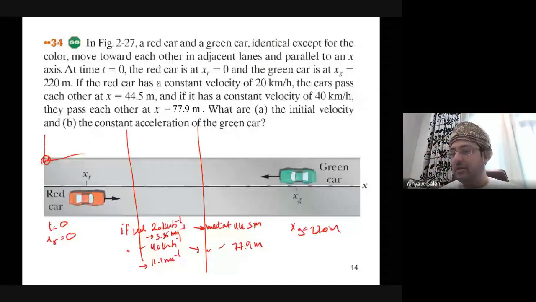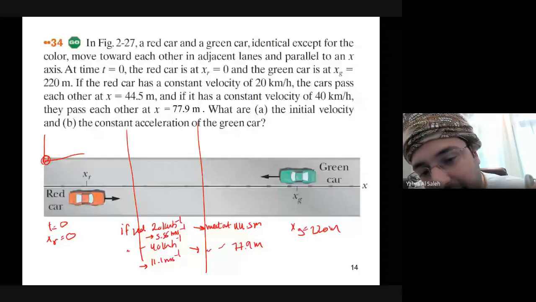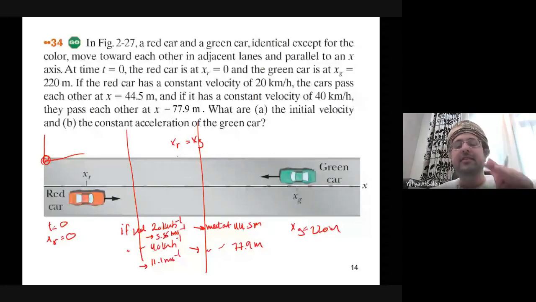All of these don't matter. But the 2 most important bits are the same place and the same time. So the key point is that XR must equal XG at the same T. And this is all we need to solve this problem.